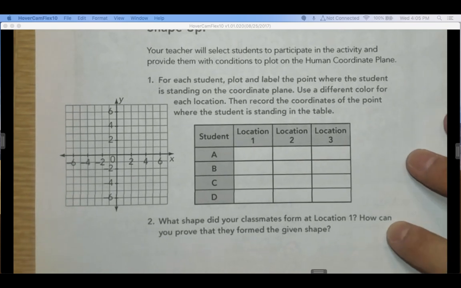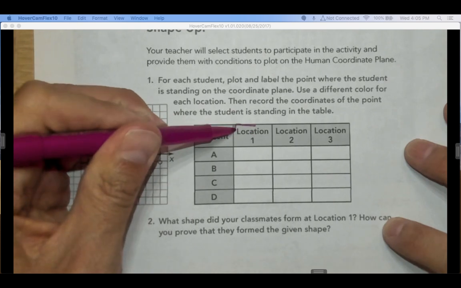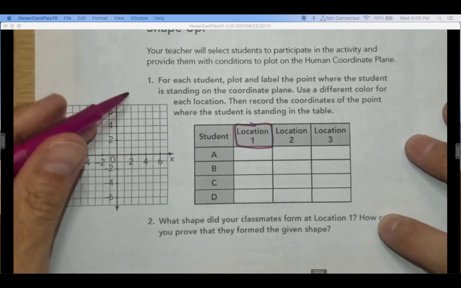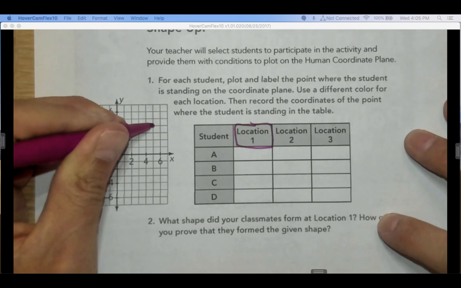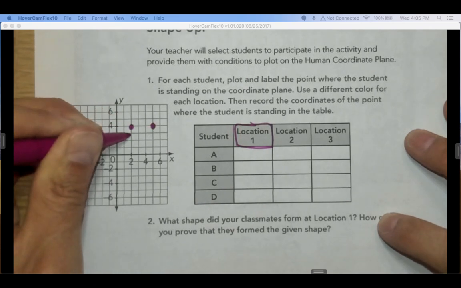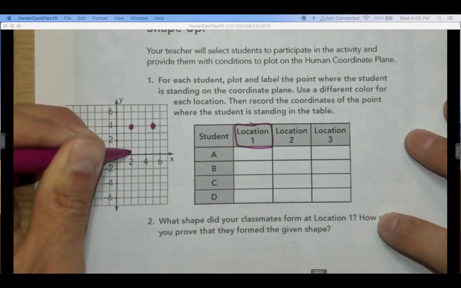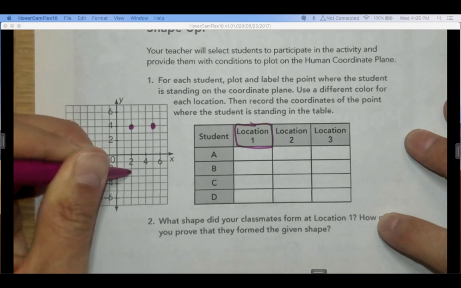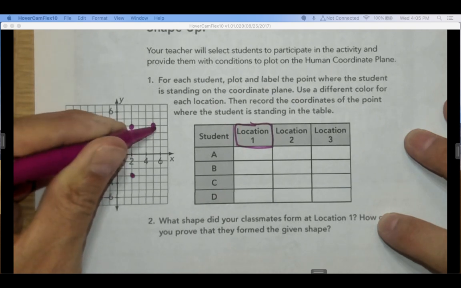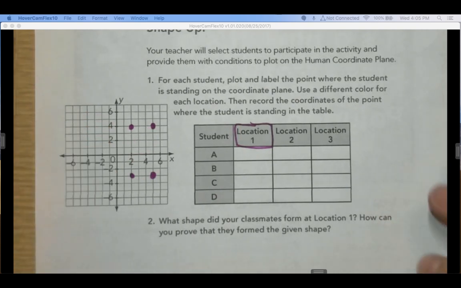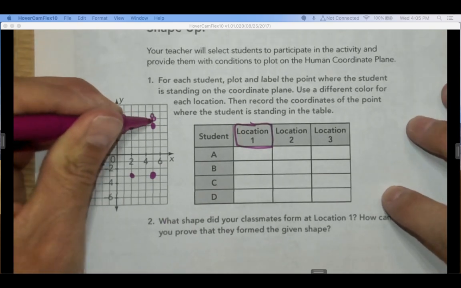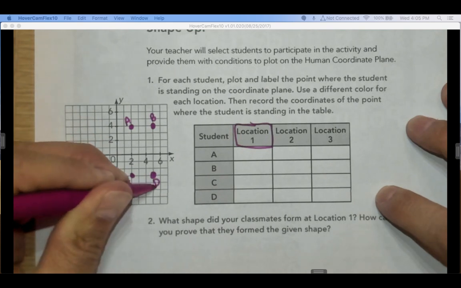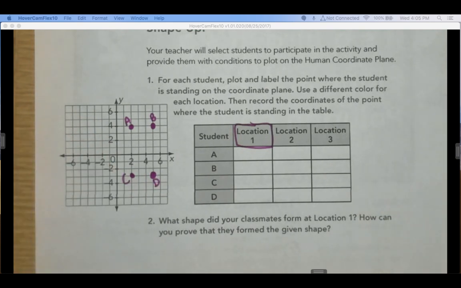Okay, so for location 1, I have something along the lines of this and this, this, and this. This is A, this is B, this is C, and this is D for location 1.